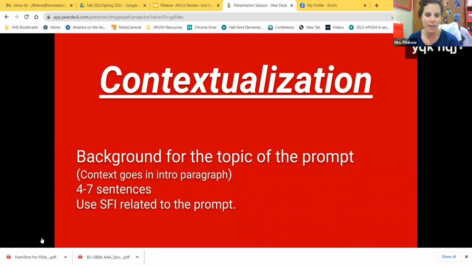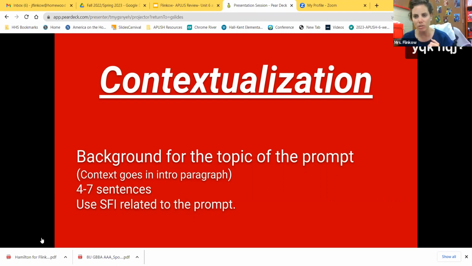Contextualization. Big thing I want to harp on contextualization, guys. Contextualization to me is the easiest point of the DBQ and the LEQ to get. I tell my students, you better not miss contextualization. Okay. Because with contextualization, all you are doing is setting up the background information for what you are about to write about.